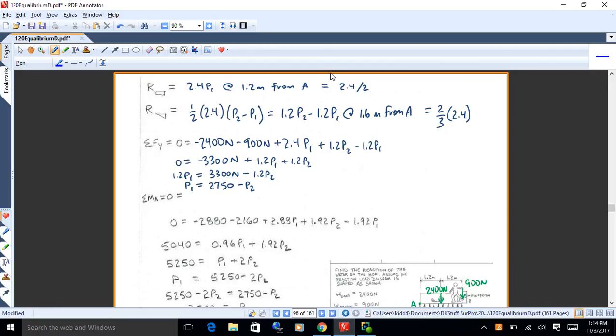And then I'll be able to substitute that into the moment equation is the plan there. So you all okay with that?